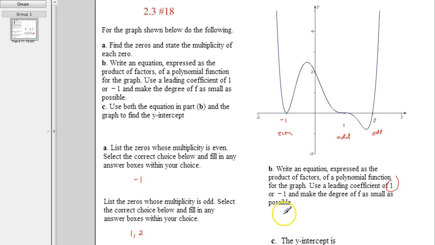We're going to use these three zeros, and each of them gets x, and then minus the zero. So minus -1, minus 1, minus 2. Now we'll write x minus -1 as x plus 1.